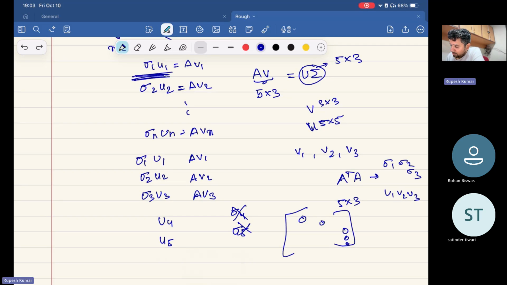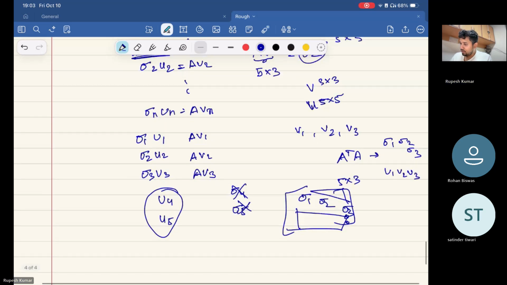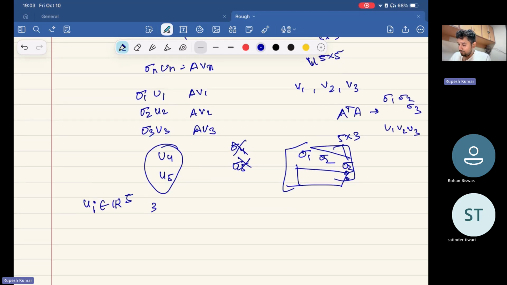In this kind of matrix you get sigma 1, sigma 2, sigma 3, and all other entries are 0. So you don't have sigma 4 and sigma 5. Then how will you get U4 and U5? Each ui belongs to R5 space, and you have three orthogonal vectors in R5. So you can always figure out the remaining two using Gram-Schmidt.